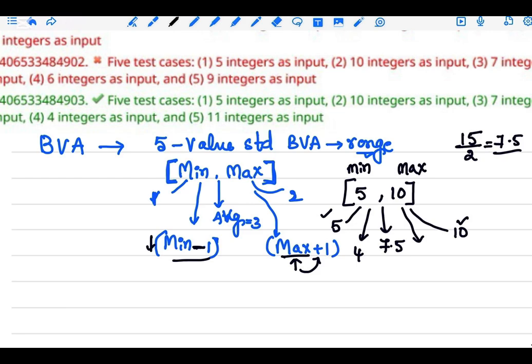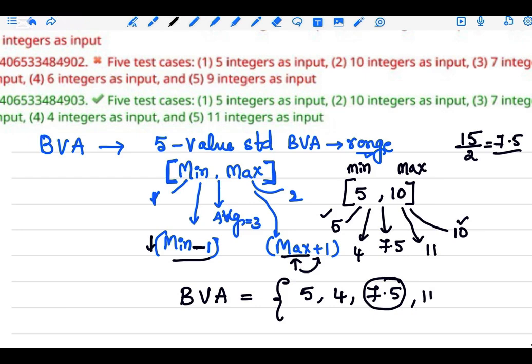So maximum plus 1, 10 plus 1, is 11. So these are the set of values for BVA, boundary value analysis: 5, 4, an intermediate value which must be any value in the range 5 to 10, and 10 and 11.